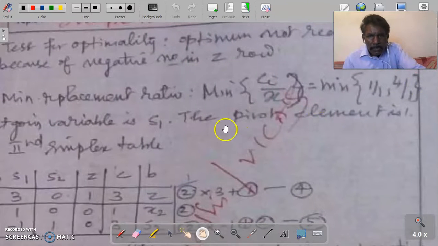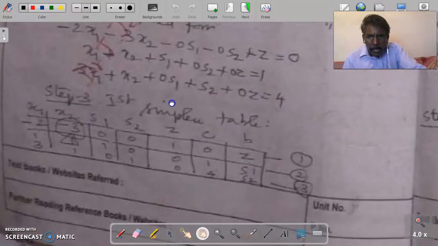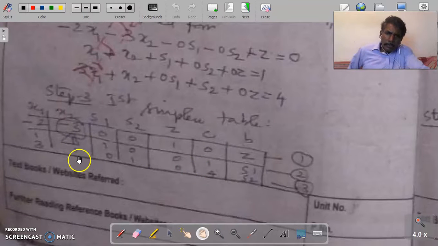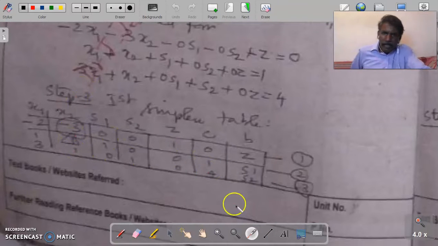Sorry, in this particular table we have to see 1 divided by 1 and 4 divided by 1. The minimum is 1 divided by 1.